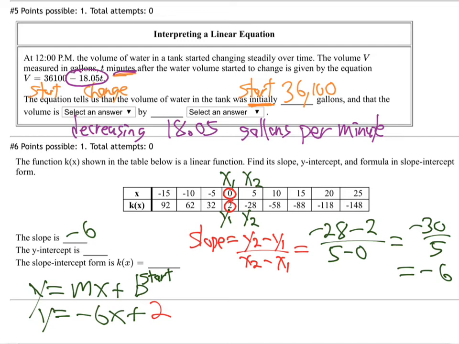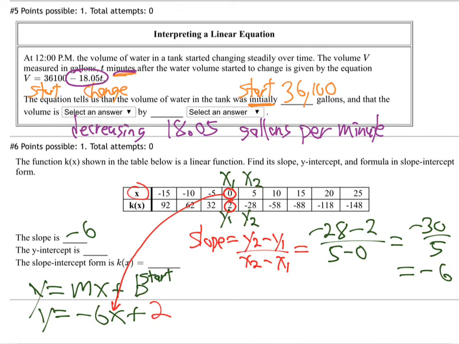If x is 0, if you plug in 0 there, see how the x part will vanish and y will just be 2? Everybody see that? When you plug in 0 right there for x, the minus 6x would just vanish because minus 6 times 0 is just 0. Y would just equal 2.